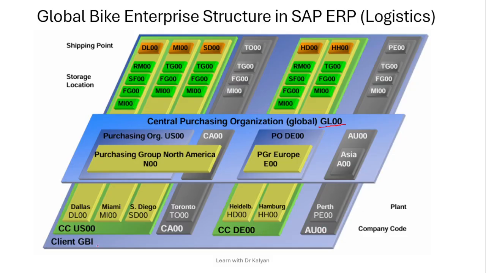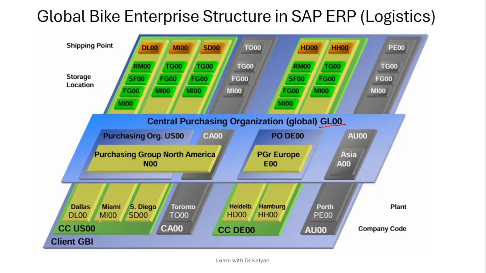Whatever raw materials are required for manufacturing their entire product will be purchased by one single purchasing organization, called the global purchasing organization, represented in SAP by the code GL00.